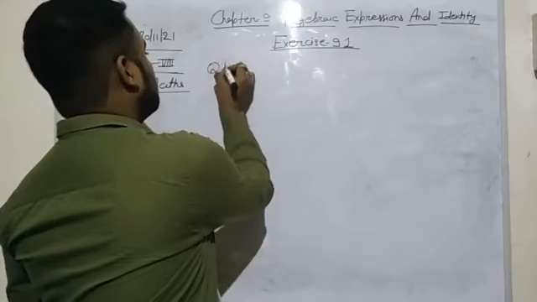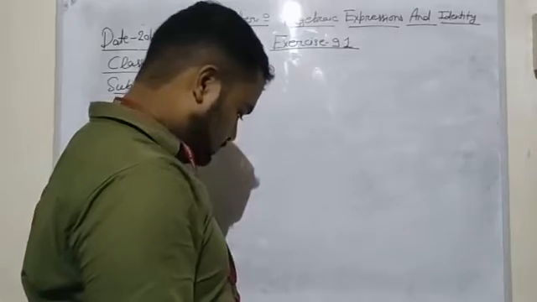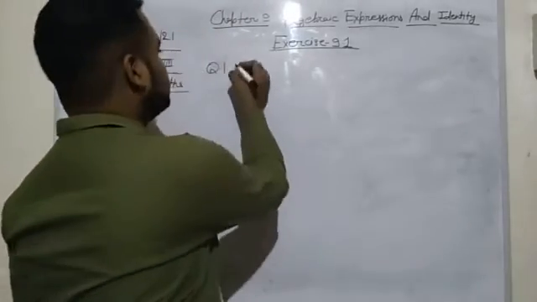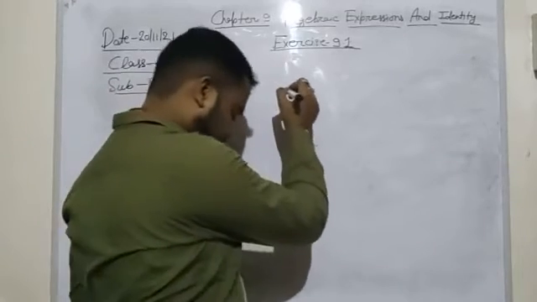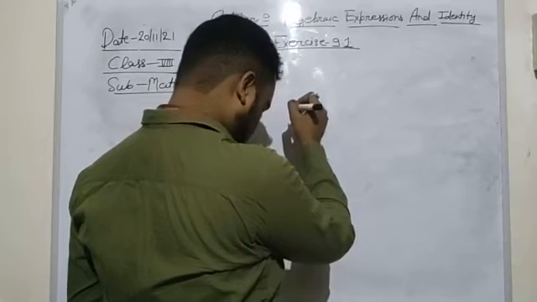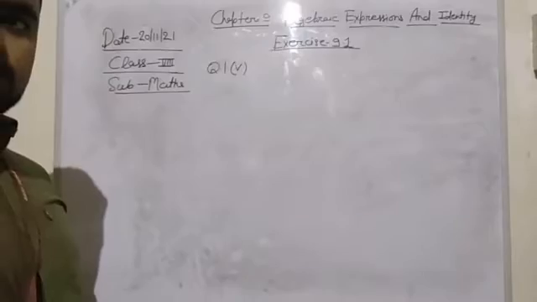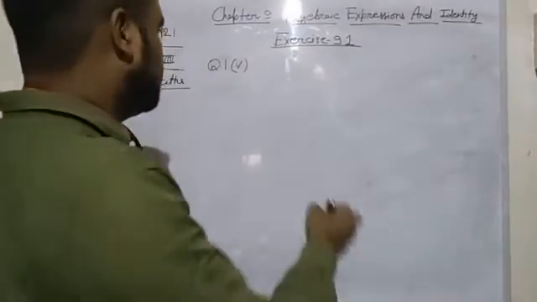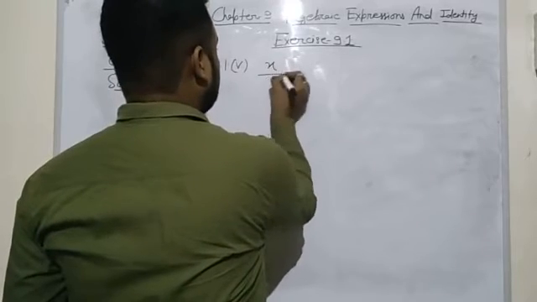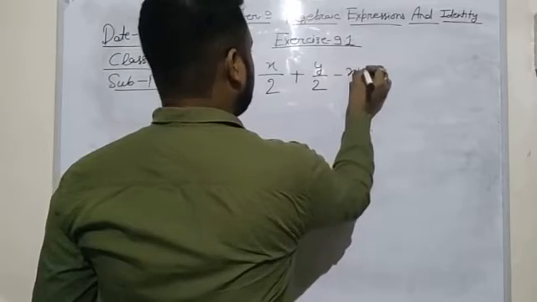So question number 1. I am going to solve the 5th and 6th part. The fifth question is x by 2 plus y by 2 minus xy.